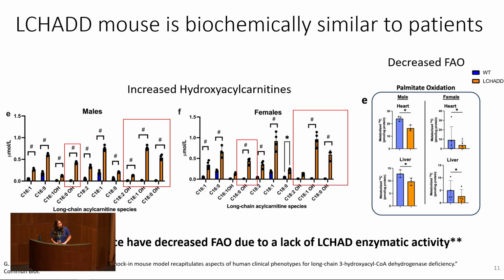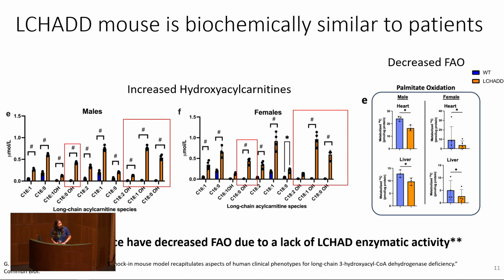As you can see from the graph on the far right, in both males and females, the LCHADD mice, in orange, are unable to metabolize as much of that radio-labeled palmitate as the wild type, which are our healthy, normal mice, indicating that the LCHADD mice do have decreased long-chain fatty acid oxidation.